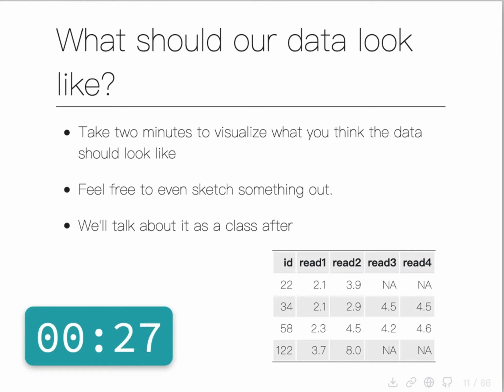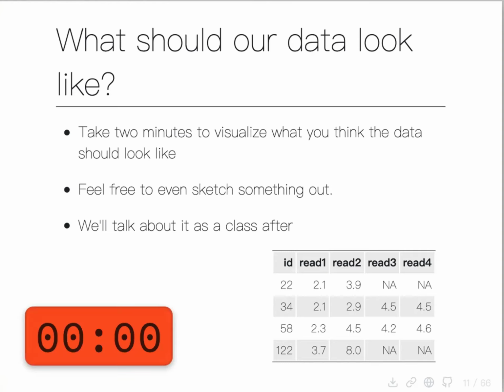So instead of just having 1 row per ID, you'd have multiple rows per ID. Good. And you only have 2 columns, that's the read score. Good. So you would have 2 columns for the data, but you would also have your ID column. So you would end up with 3 columns. You'd have your ID, and then a column that stores the time point, whether it's 1, 2, 3, or 4, and then you'd have a column for the score, right? So that's how the data are going to move.